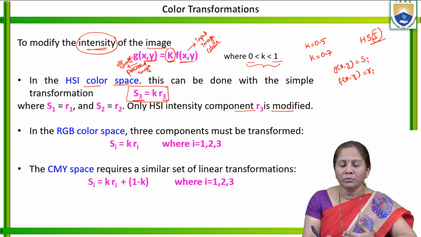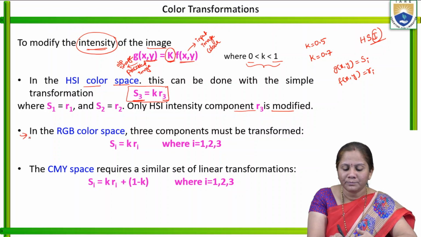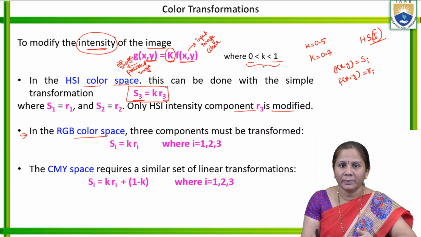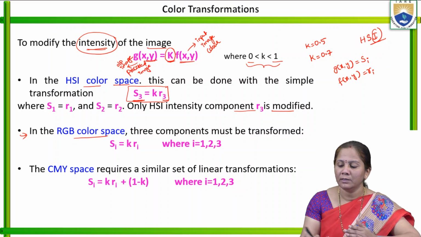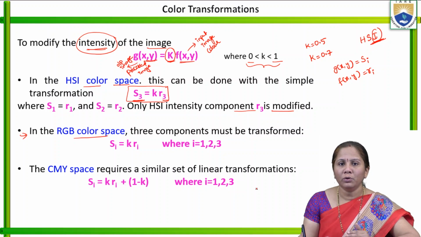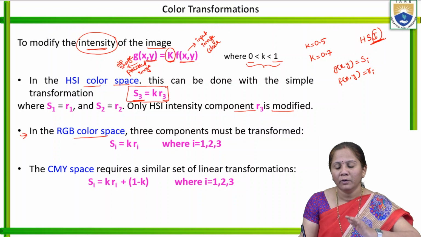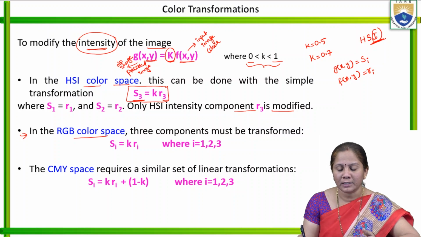Now coming to another color model, that is RGB. Among these three components, there is no separate term which is intensity, like what we have observed in HSI. So here we are going to consider all the three color components for modifying the intensity.